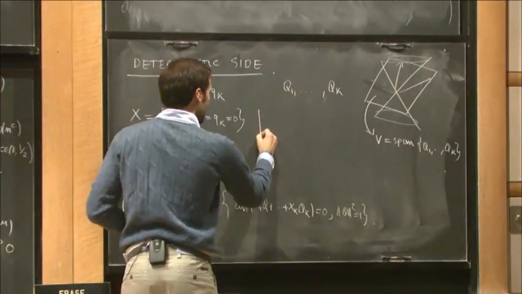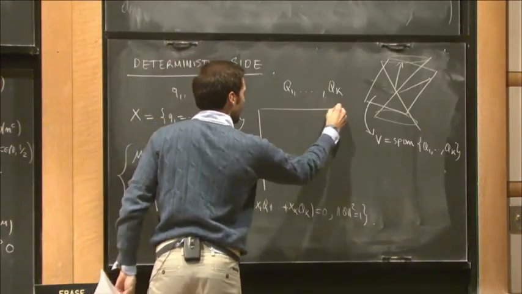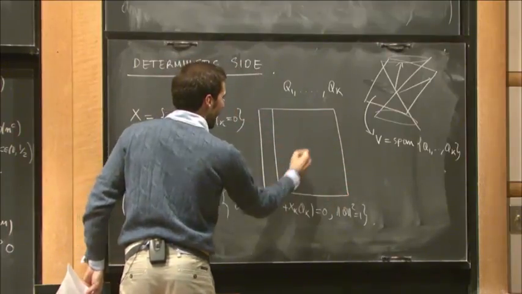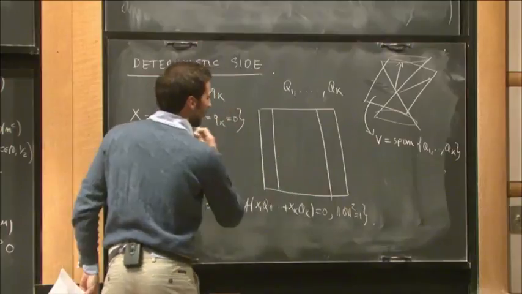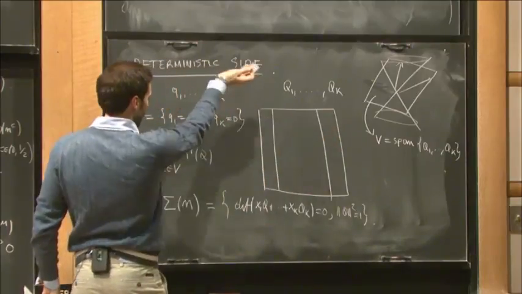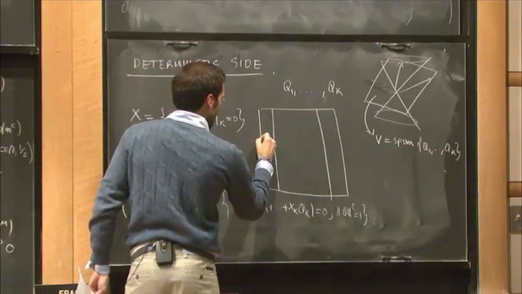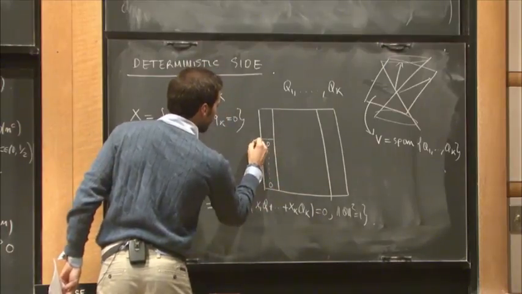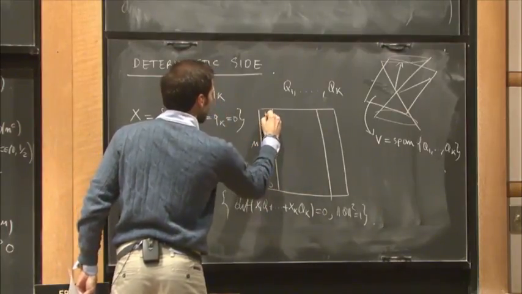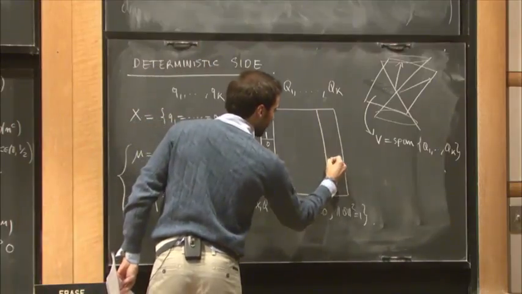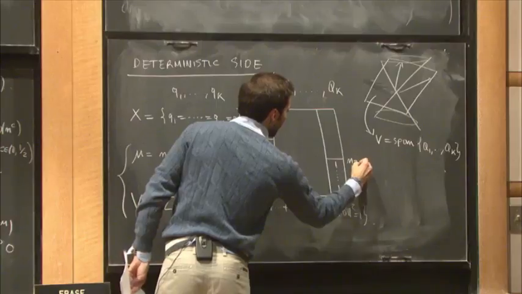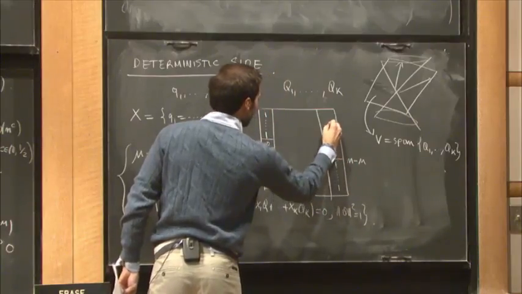Once I have these two ingredients, I collect them into a table here. This table has k plus 1 columns and n rows. The first column is filled with ones, and there are mu ones, and then all zeros. The last column is filled with all ones, and there are n minus mu ones, and then all zeros.